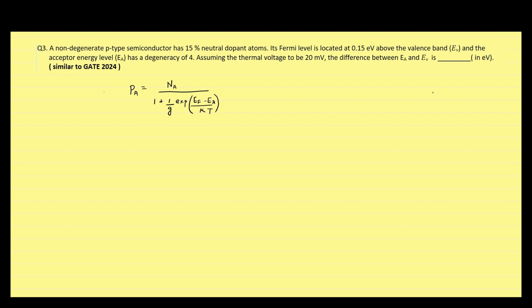PA represents neutral dopant atoms at the acceptor energy level, which is also given to be 15%. Therefore, PA will be equal to 0.15 Na. Degeneracy factor is given to be 4.